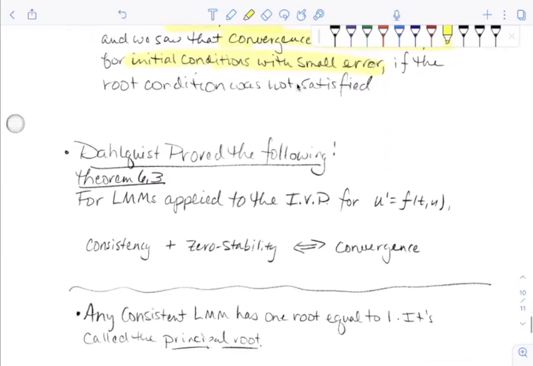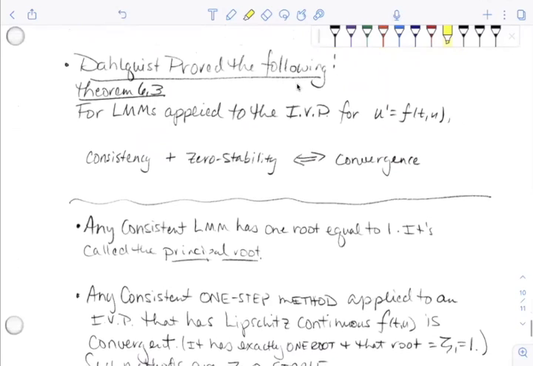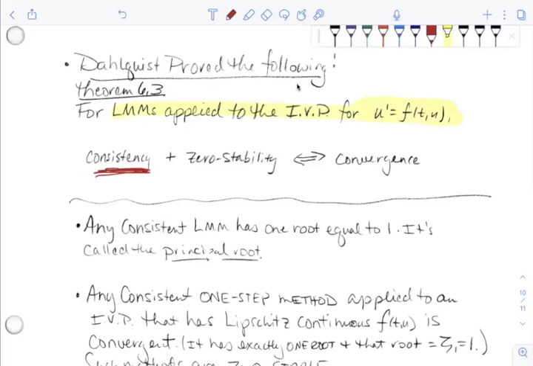Here's what we can say. Dahlquist is one of these people who's done a lot of work in ODE methods, and he proved the following, Theorem 6.3. If I have a linear multi-step method applied to my more general differential equation, then what we need to get convergence is consistency and zero stability.